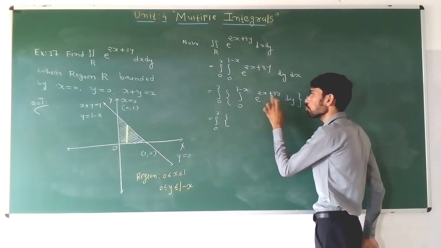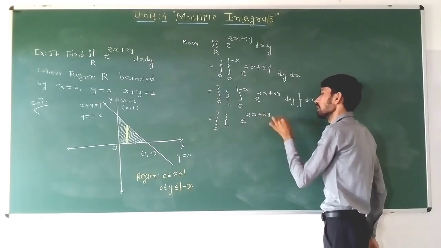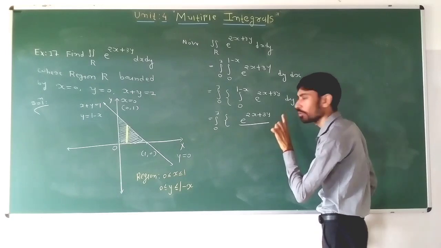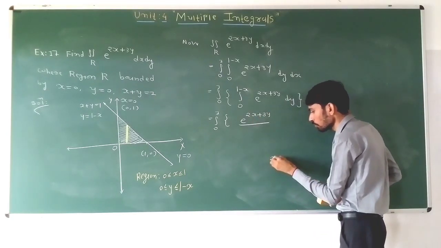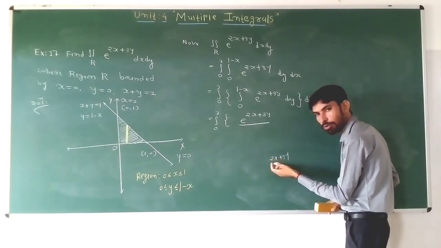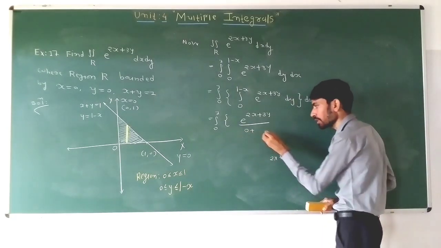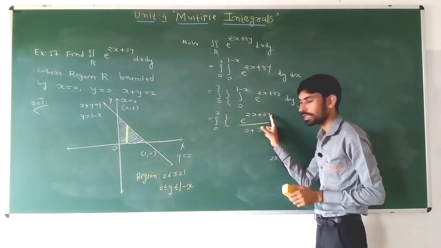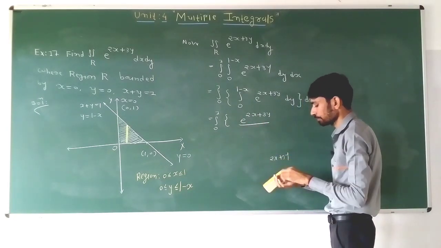So integration of e raised to 2x plus 3y is e raised to 2x plus 3y, but the integration is not finished yet. Whatever is in the power, we have to take its derivative, with respect to y. Our term is 2x plus 3y. 2x counts as a constant, so its derivative is 0, and the derivative of 3y with respect to y is 3. So that means integration of e raised to 2x plus 3y is nothing but e raised to 2x plus 3y upon 3. So here we just write the 3.